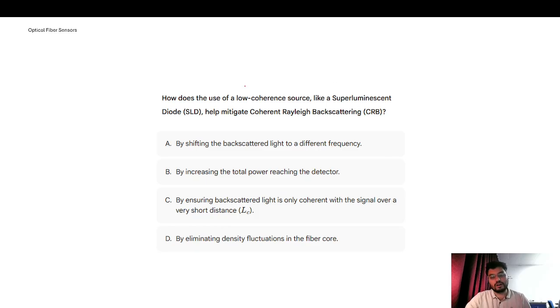So to mitigate coherent Rayleigh backscattering, the answer is by ensuring backscatter light is only coherent with the signal over a very short distance.